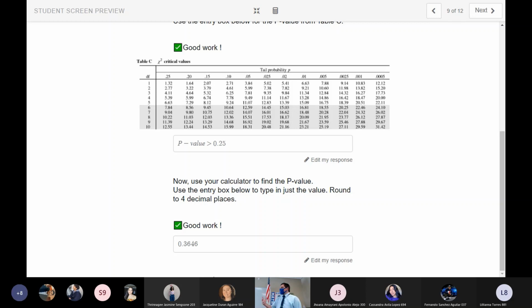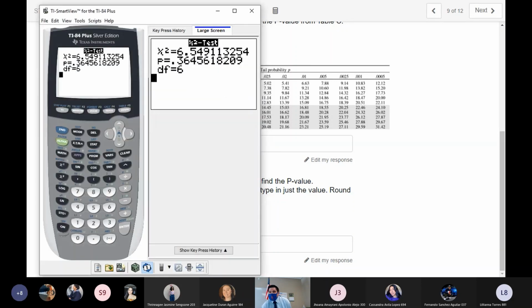If we use the alternative method in the calculator, which would be to use the chi-squared CDF function, maybe the chi-squared CDF function will work for the test for goodness of fit as well. So maybe we didn't use the matrices and we didn't do that chi-square test function, right?